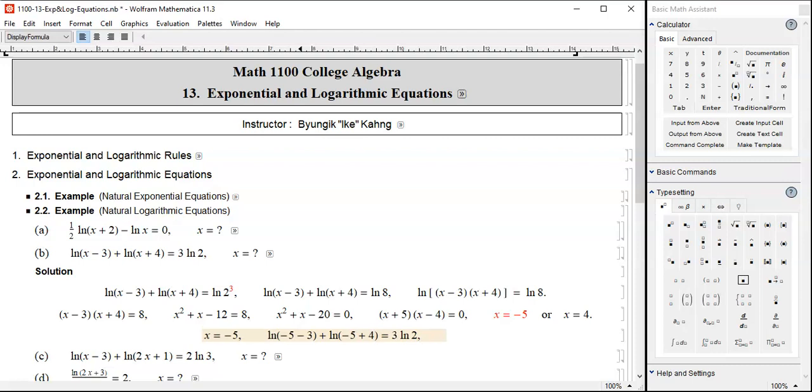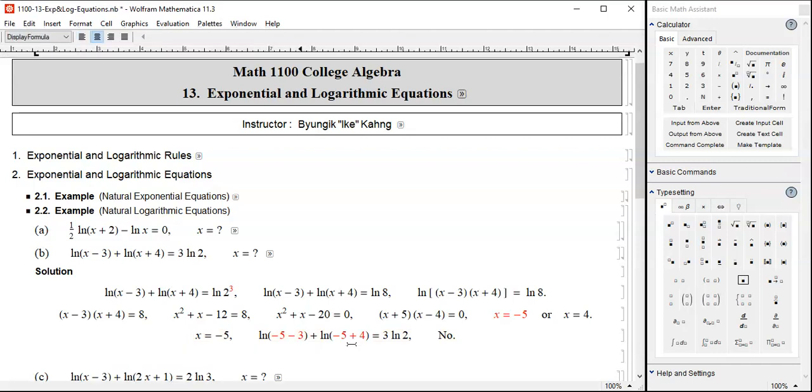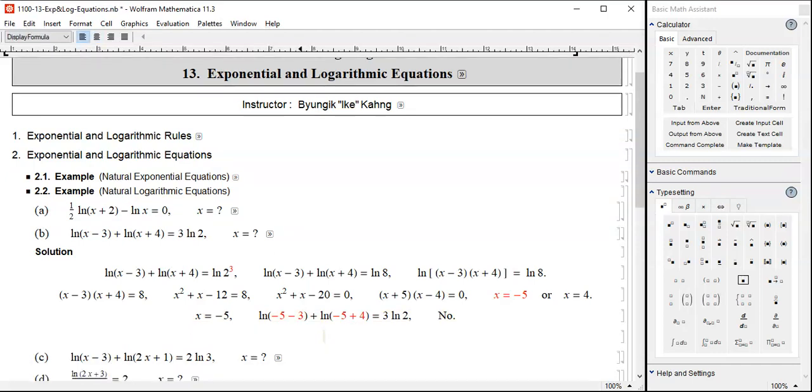You don't really have to work it out. You can clearly see this is negative and that one is negative. So, no good. There we have a problem, and any one of those troubles is going to eliminate it.